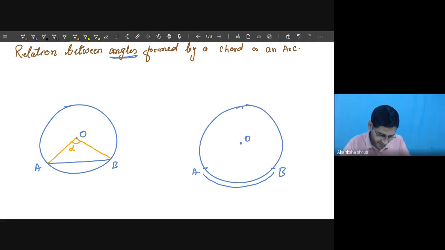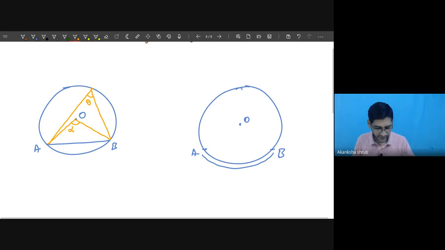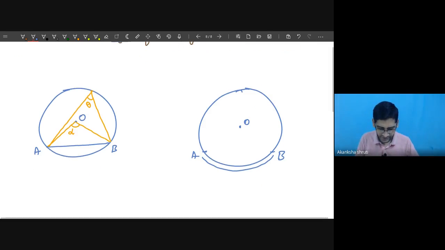Another person may consider the angle formed at the circumference on the same side of the chord. Consider this angle as theta. Students, you should be careful: the angle alpha and theta is formed on the same side of the chord, means in the same segment. Be careful for that, otherwise the students are committing mistakes. So let us write one by one.